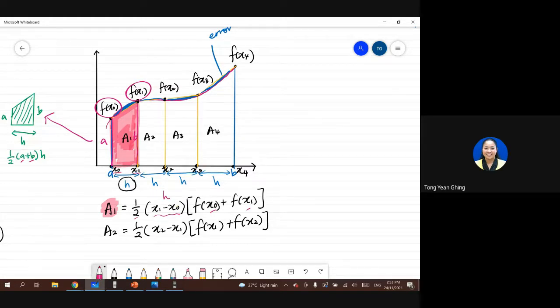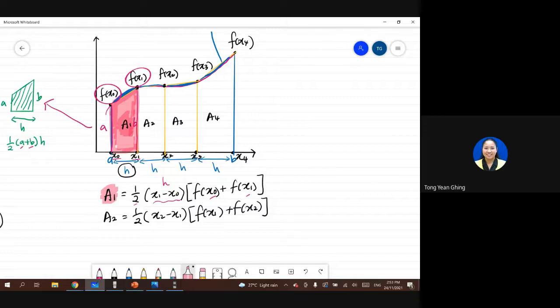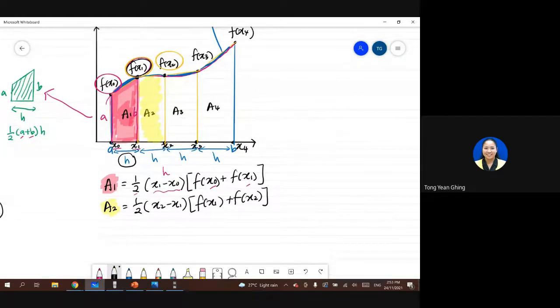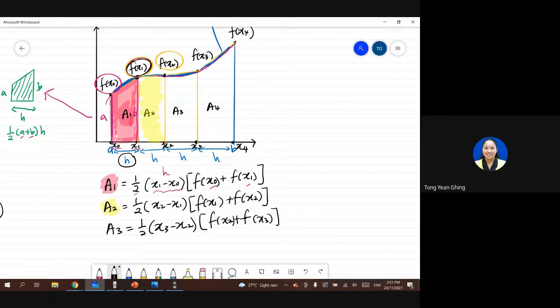So I continue with the second area. This one is x2 minus x1 times f(x1) plus f(x2). Now A3 is half times x3 minus x2 times f(x2) plus f(x3).